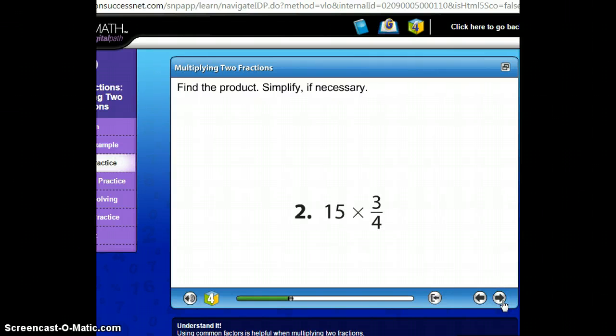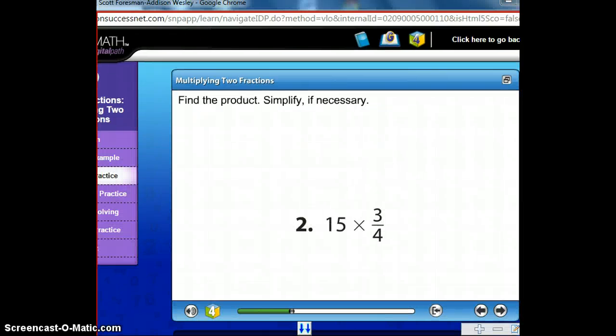Okay. All right, find the product. 15 times 3/4. This I cannot do right now. How come I can't do this, Austin? Because that's a whole number. Right, so what do we have to do? You have to make it a fraction. By doing what?